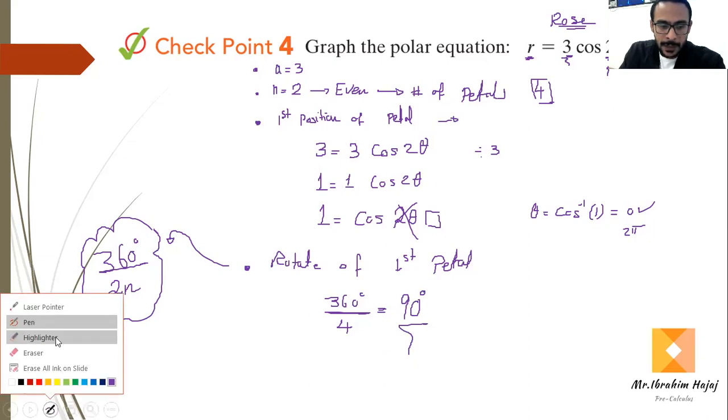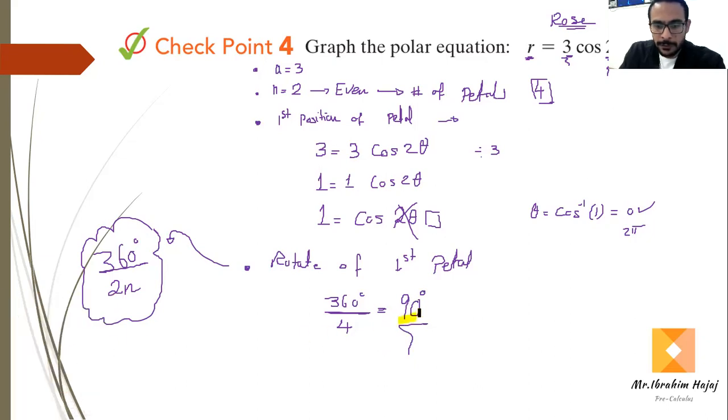So I'm going to highlight all the important information we need to graph this. When you find theta is 0, 2 theta should equal 0, and also theta is 0. You should divide by 2.